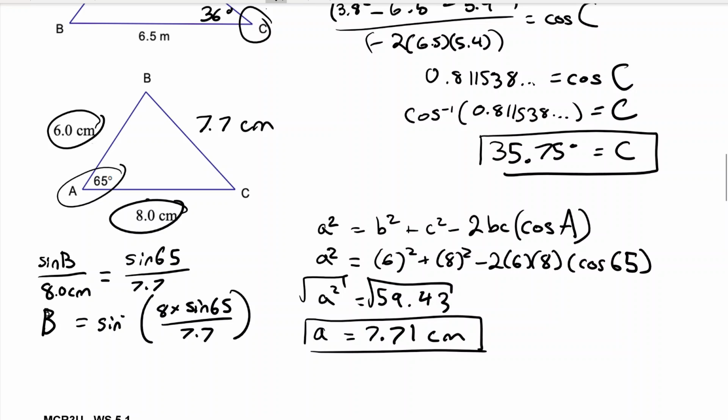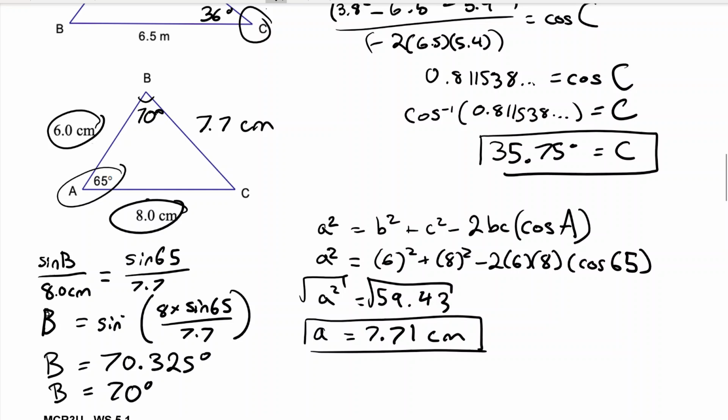So if I plug all of that into my calculator, I get 8 sine 65, dividing it by 7.7. And then I do the inverse sine of that answer, and I get that B is an angle of 70.325 degrees, right? So if I'm rounding it to the nearest degree, I'm just going to say B is 70 degrees. B is 70 degrees right here.